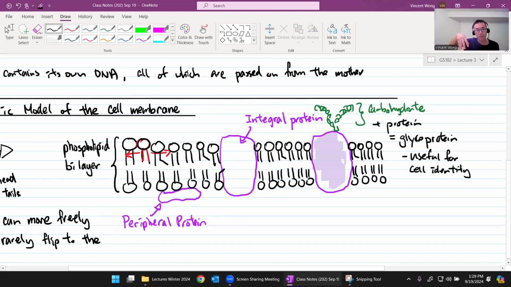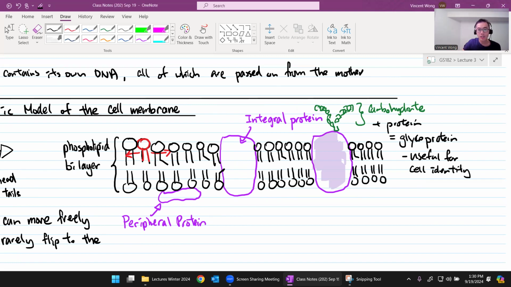Like if a bacteria goes into your system, how does your body know to attack it and leave your own cells alone? The short answer to that is, well, they check the cell identity. The kinds of glycoproteins, the kinds of surface markers that a bacteria has are very different from the ones that you have. So your body is able to distinguish one versus the other.